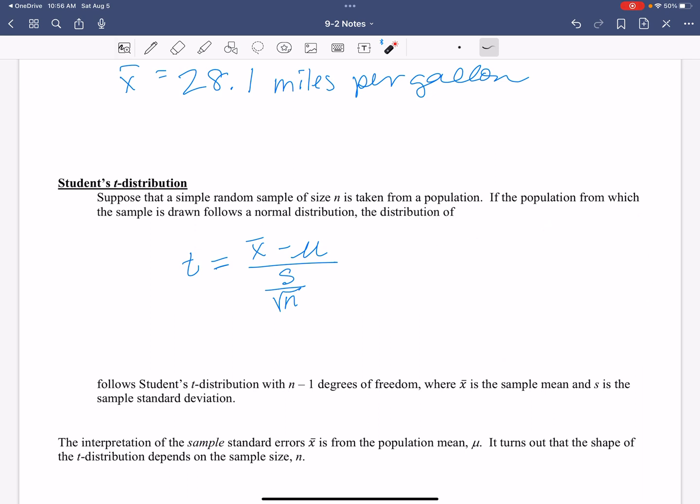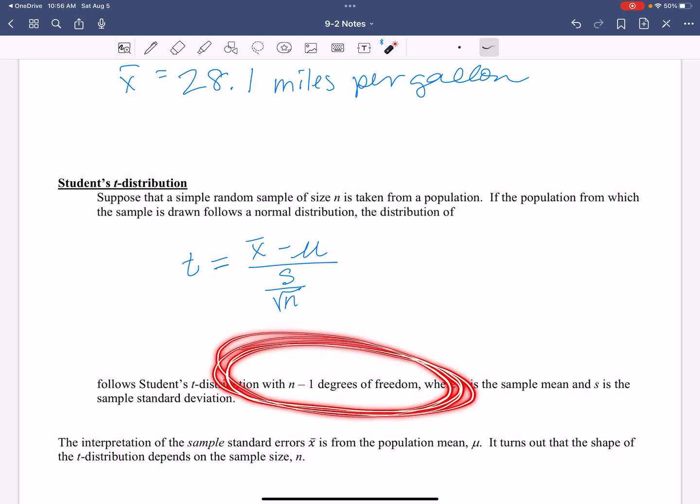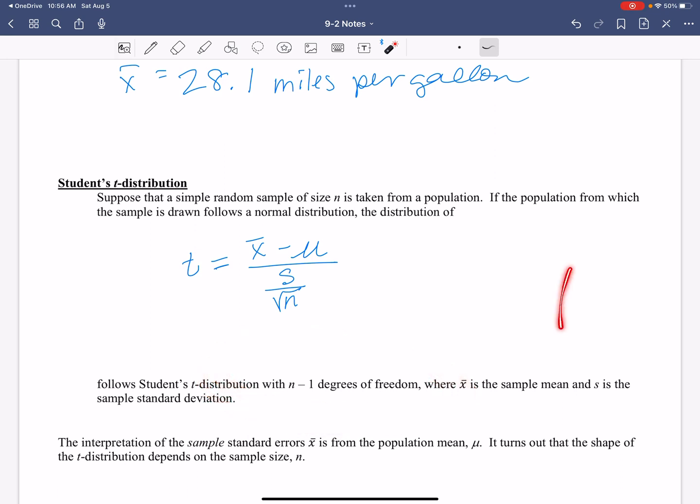Okay, so this is saying, given my sample, I want to make sure that I have choices, and I don't have a choice when I'm down to that very last one. So we're saying n minus 1 will give me those degrees of freedom so that I have those choices that go with that. All right? Okay, and we'll see how this all plays out as we continue through this section.